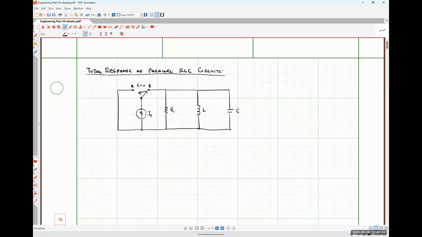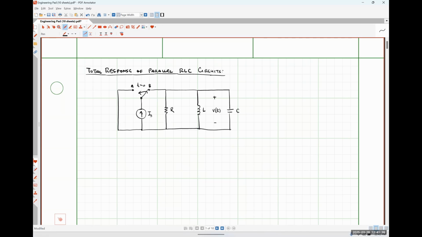The first of which is going to be a voltage V of t. I'm going to draw that voltage here, plus on top, minus on bottom. This is V of t. So this is the voltage drop across the resistor, across the inductor, and across the capacitor, because all of those three elements are connected in parallel.